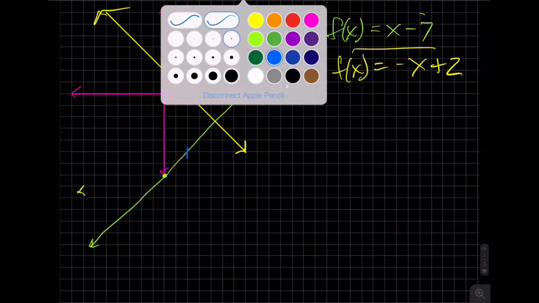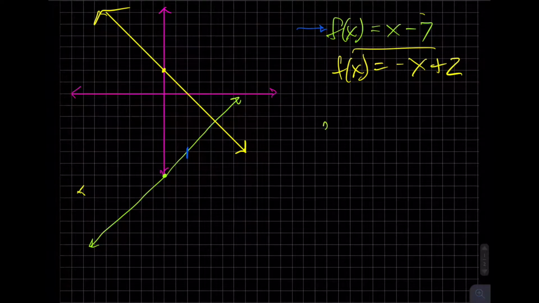So the green function would be f of x equals x minus 7 for x less than 2. So for x less than 2, I would end up having the function that looks like this.